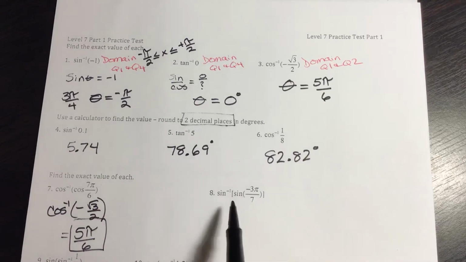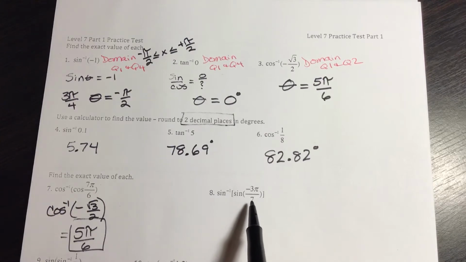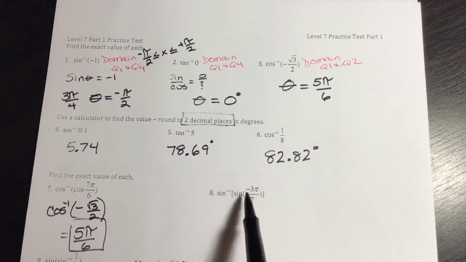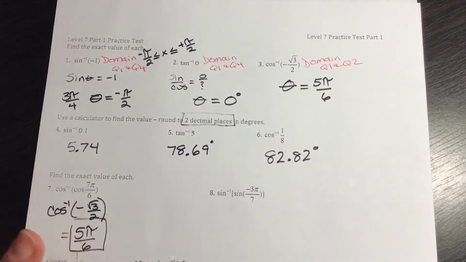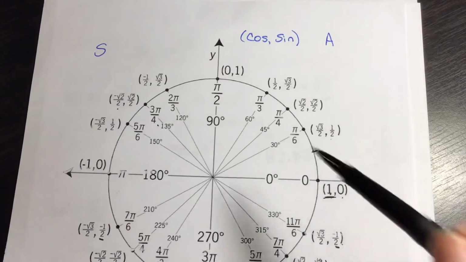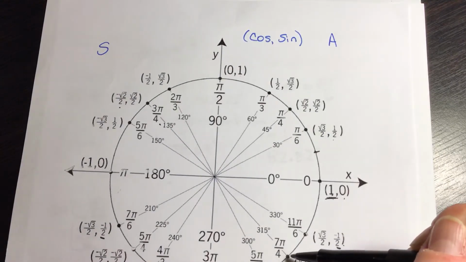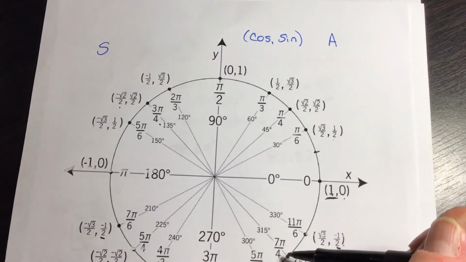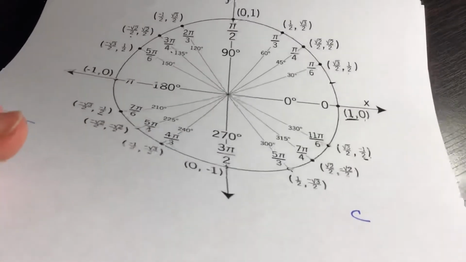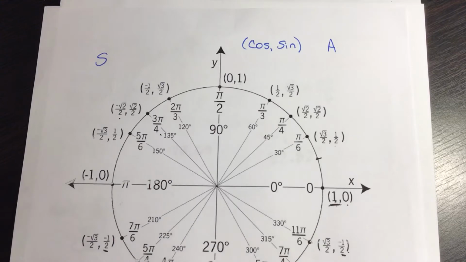Number 8. Sine of negative 3 pi over 7. Now this one I don't have exactly on my unit circle, but if I were to determine where this is, 3 pi over 7 is close to pi over 2, but not quite.